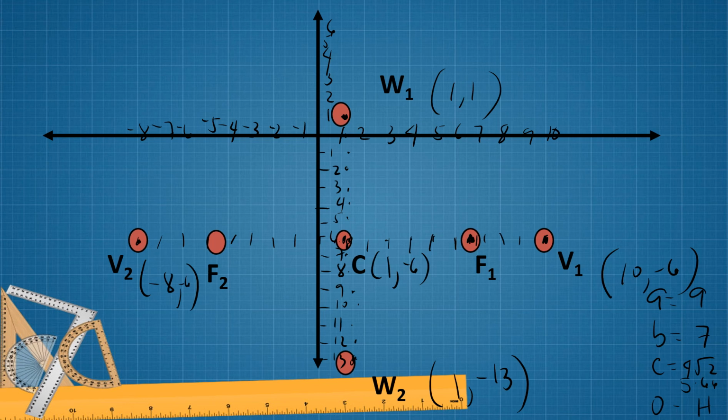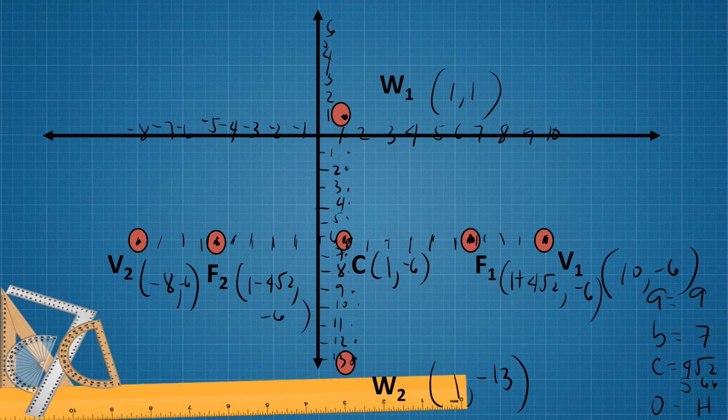While, in this one, we're going to have 1, 2, 3, 4, 5, and this is the 6, so therefore, it's between 5 and 6, so it is located here. So therefore, f sub 1 is located at 1 plus 4 square root of 2, and then negative 6 on the y-axis. While f sub 2, we have 1 minus 4 square root of 2 and negative 6 for the y-axis.